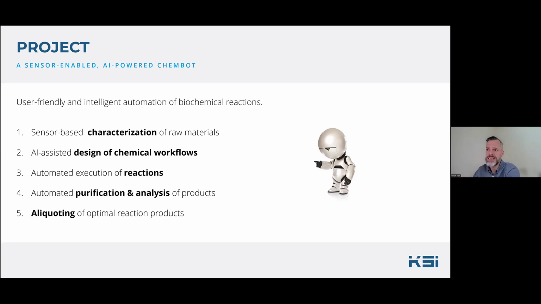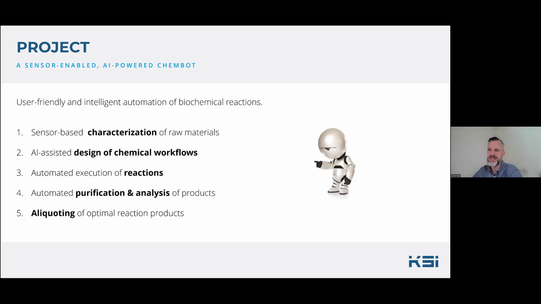So the idea is here that we make an automated system that uses sensors to characterize raw materials before it actually runs reactions in an automated fashion on raw materials. Again, this could be biomolecules like antibodies, could be fluorescent dyes, could be DNA molecules.